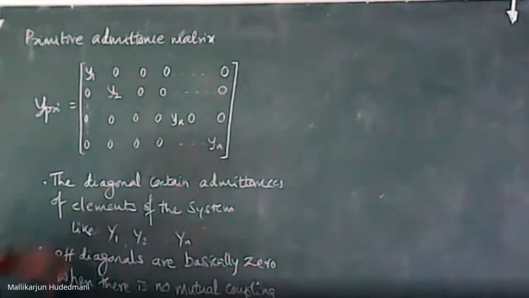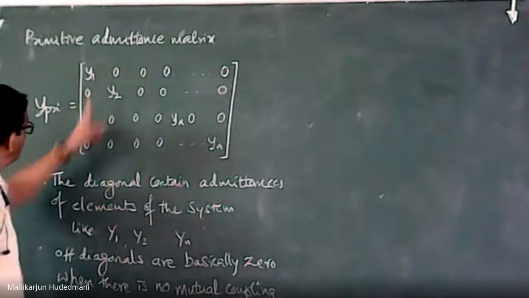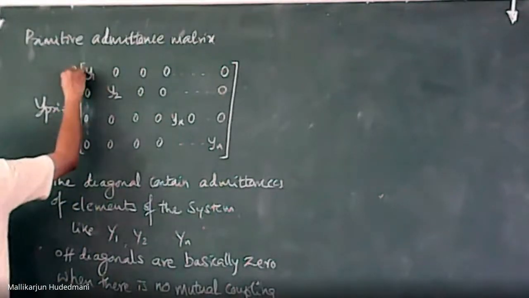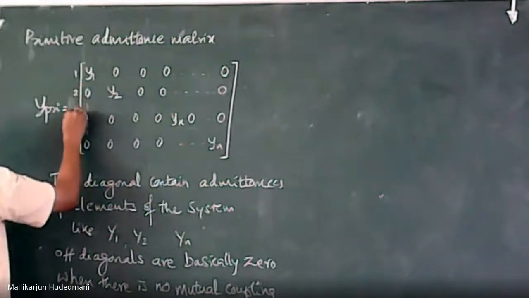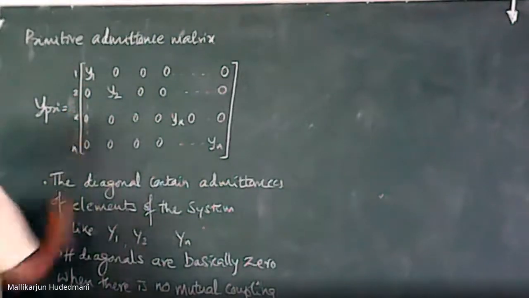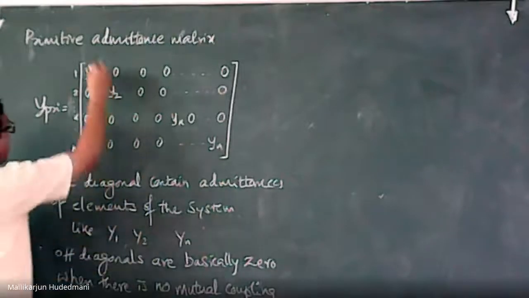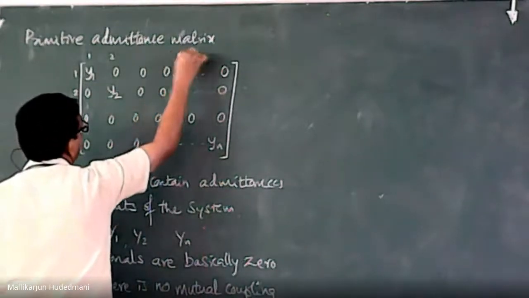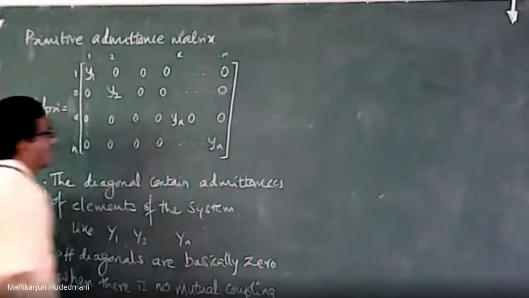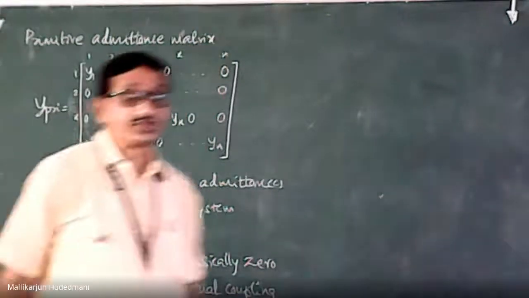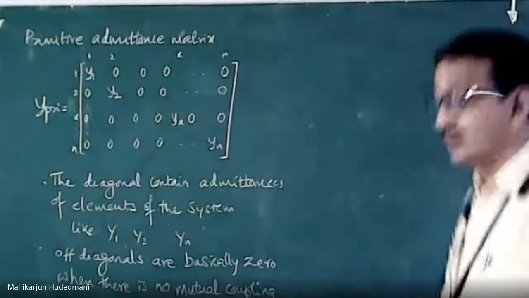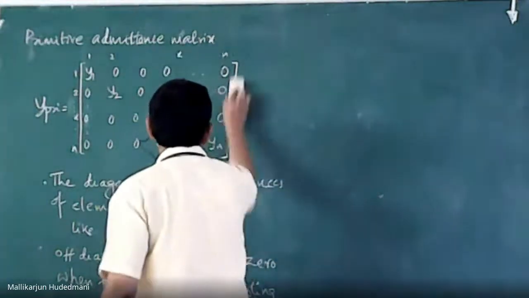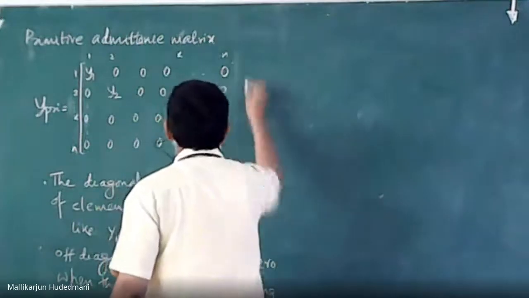It means Y1 refers, if I really want, I can make a correction like 1, 2, K, N of the element. Similarly, I can make 1, 2, somewhere here K, here N. It's an N cross N representation, which I am trying to put over here.